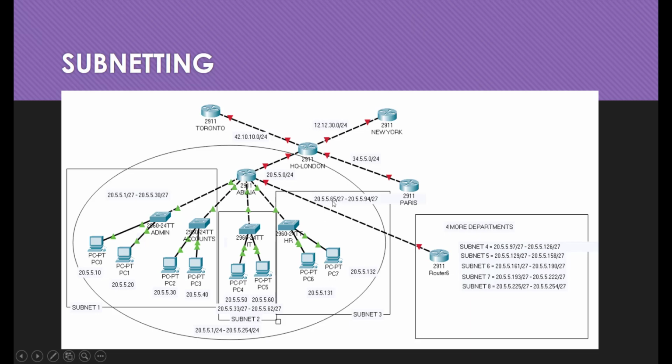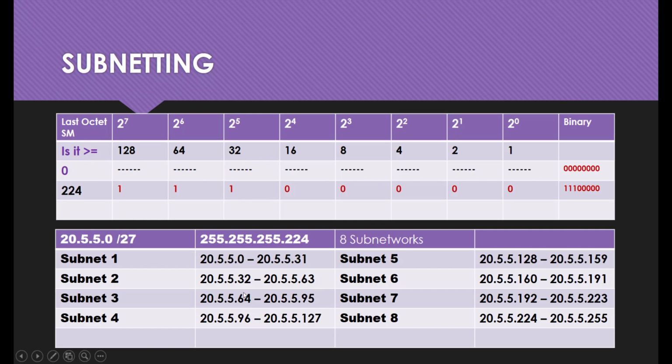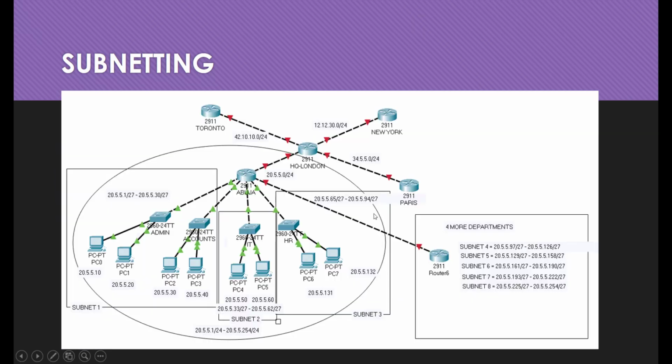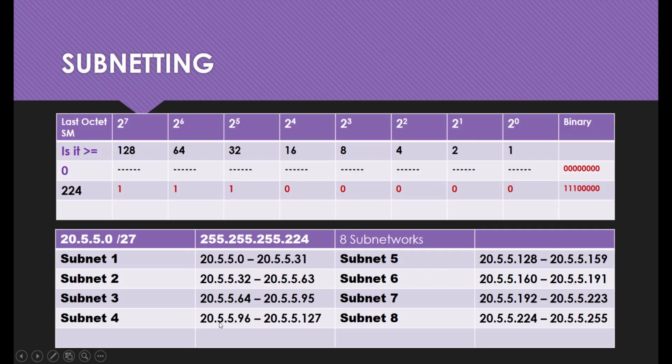And next we have .65 to .94, because .64 is the network and .95 is the broadcast. And then we have the other 8 subnets, which is .97 to .126, because .96 is the network and .127 is the broadcast, and it's the same with the other 4 subnetworks.